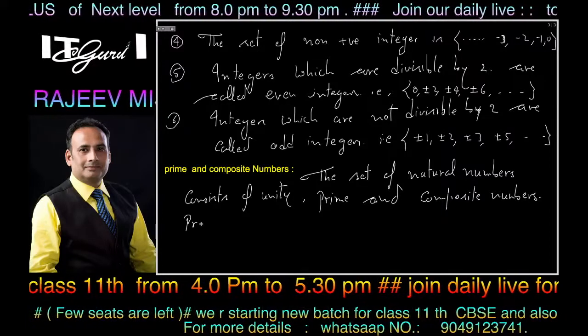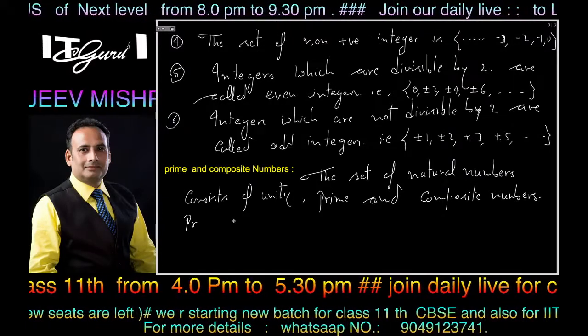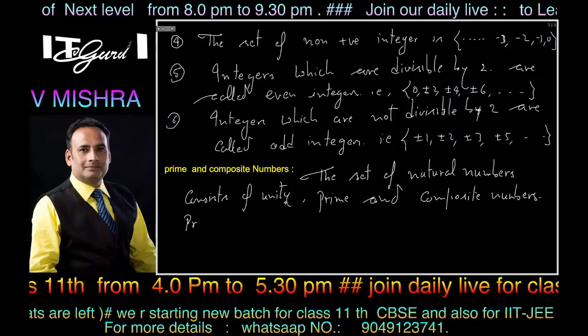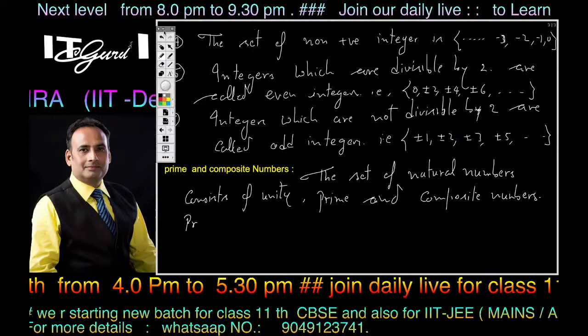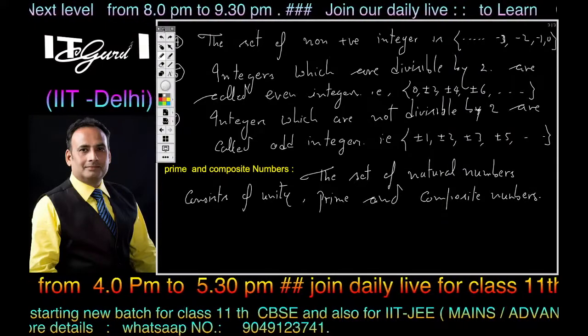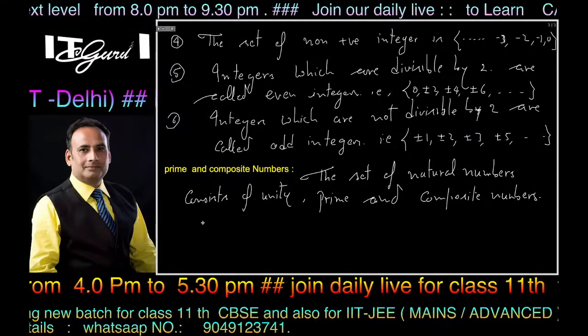All the natural numbers which are larger than unity are candidates for prime numbers, but there is a condition. So let me write the definition of a prime number.